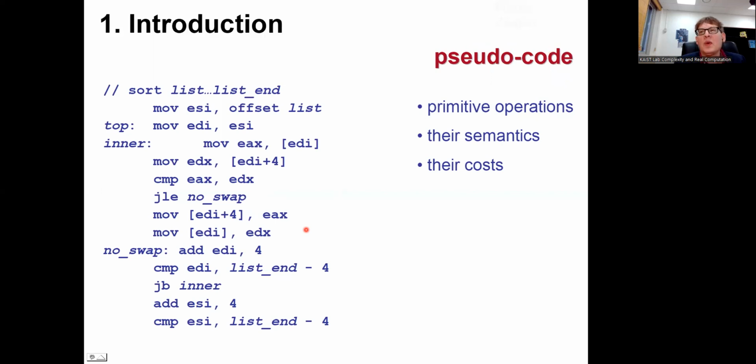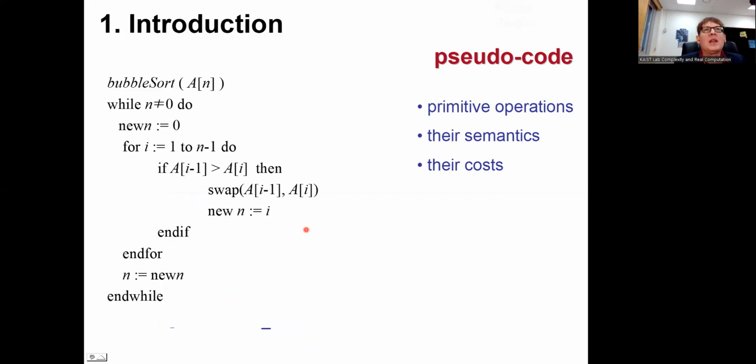One way, but only one possible way, is to use pseudocode. Pseudocode is a kind of intermediate level of describing algorithms between the high-level picture and the low-level picture of assembly code. Here you see a pseudocode of the bubble sort algorithm, where we can really see what is happening.